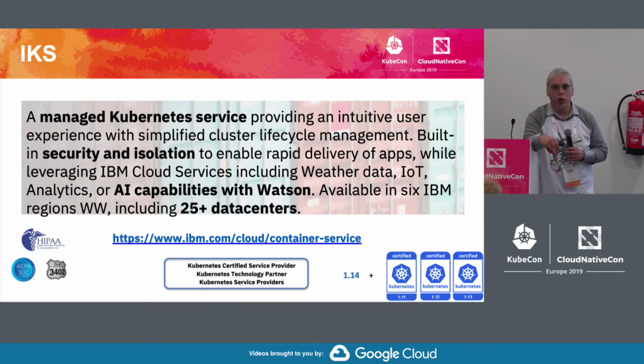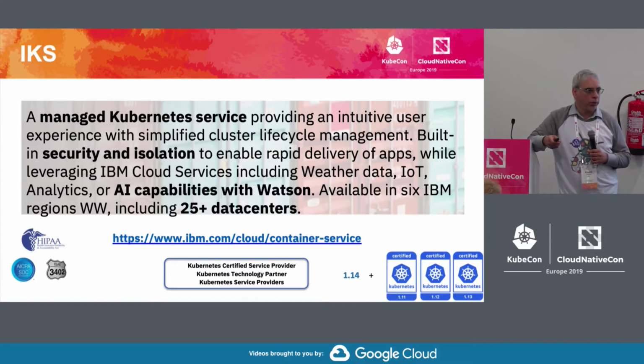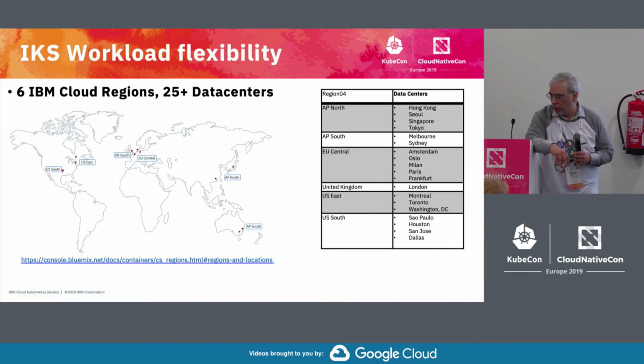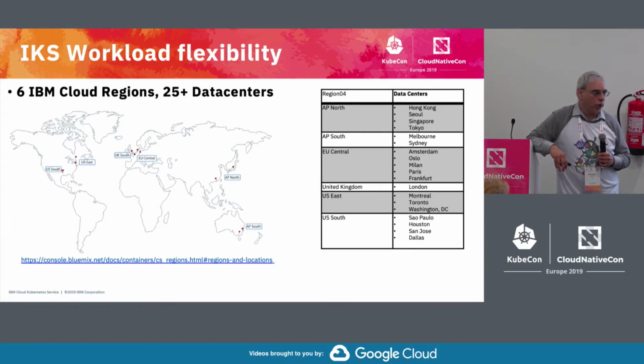Okay. We also support GPU-based Kubernetes environments for AI workloads, for high-performance workloads, and so on. And we support this across multiple data centers, in 6 different regions, over 25 plus data centers.